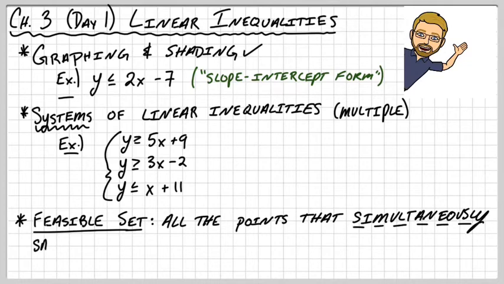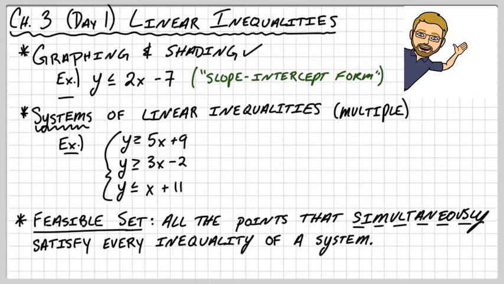That means it satisfies all of these inequalities at the same time. So to be in the feasible set of this system, whatever xy point you use, when you plug it in for x and y, it has to be true for each one of these linear inequalities.